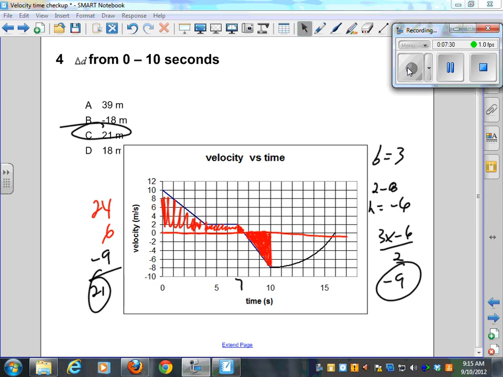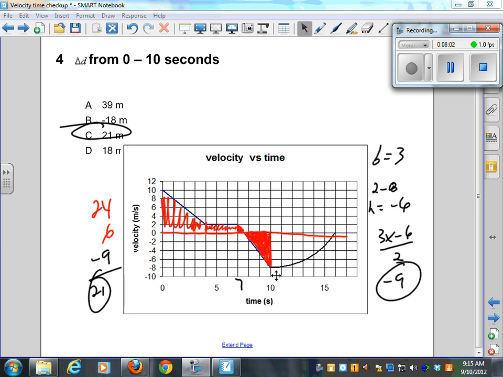For the bow tie thing, you take the total length of the base from left side to right side. We're starting at what point here, Riley? 7. We're going all the way to the 10, which is a base of 3, right? Now for the height, you take the highest point, which is 2, and the lowest point, which is minus 8. 2 minus 8 is minus 6.